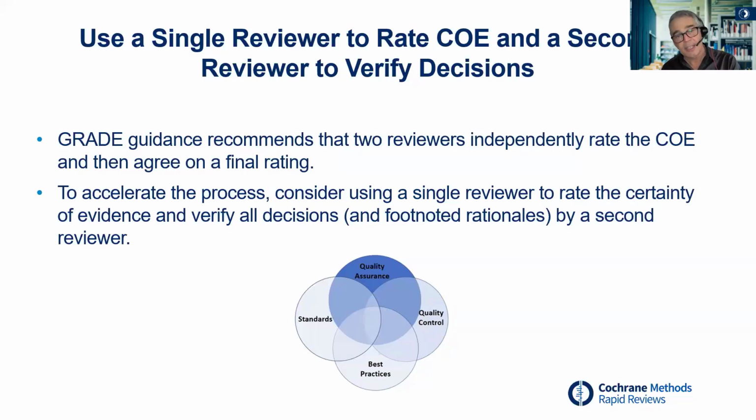Then a second reviewer, ideally a senior reviewer with great experience, should confirm all the rating decisions and the underlying rationales for up and down rating that should be documented in the footnotes. This approach can significantly reduce the time to completion while still providing some level of quality assurance.